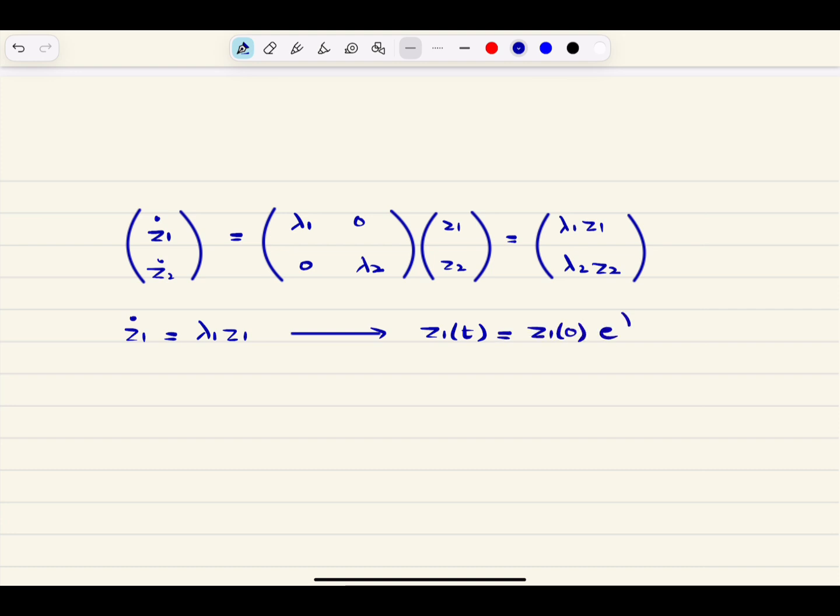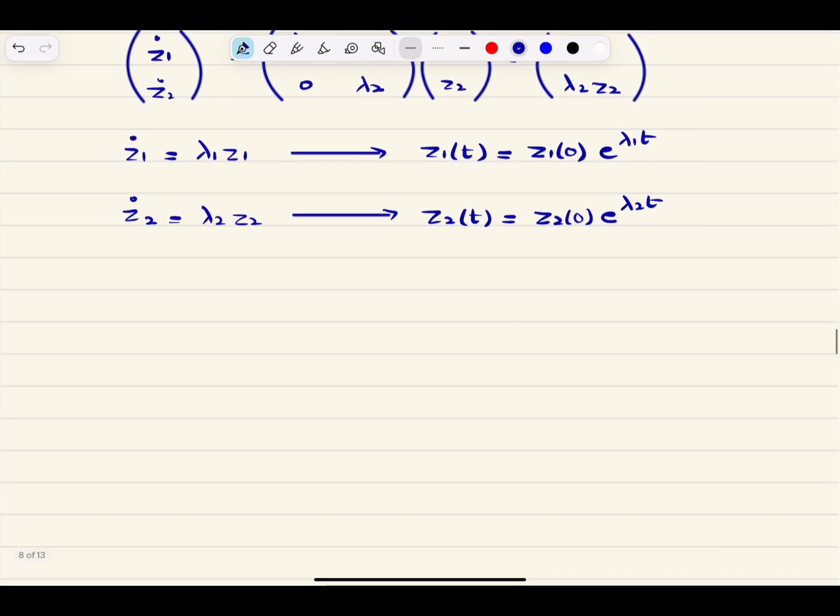z1 initial condition times e to the lambda 1 t. And let's do it again for z2. Z2 of t will be the initial condition of z2 times e to the lambda 2 t. Yay, the final step. We have our final answer. X is equal to Pz, and therefore this was the homogeneous solution.